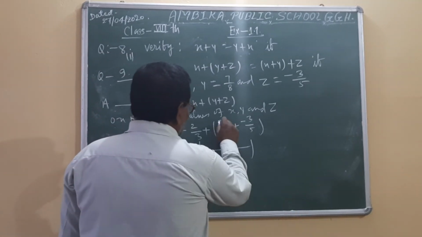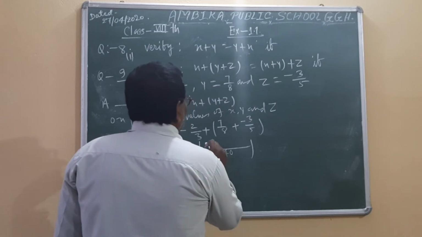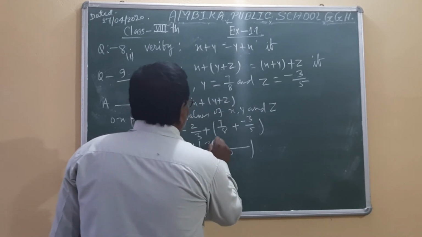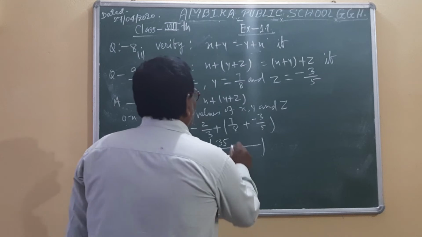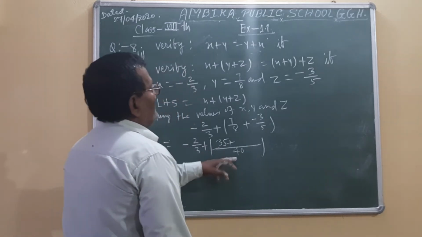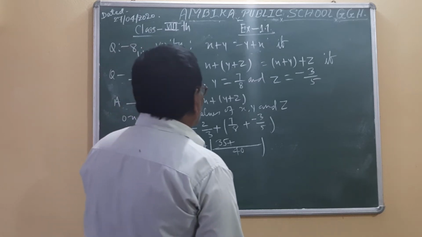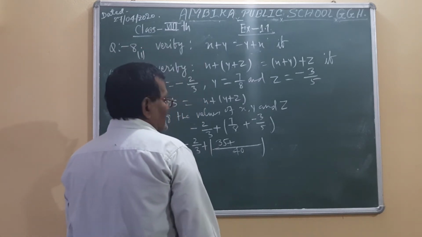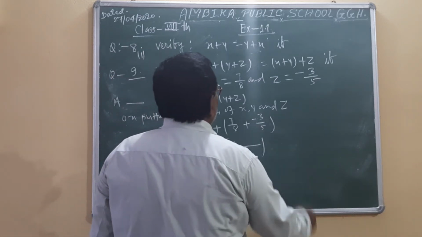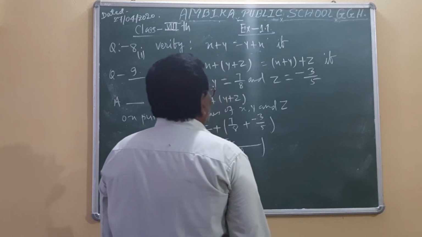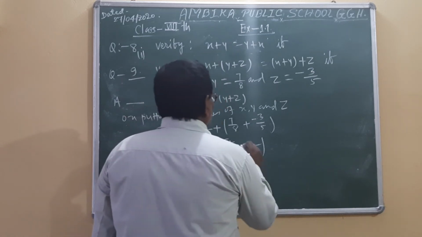So multiply 7 to 5. We write 35. Again, divide 40 by 5. We get 8 as quotient. Then multiply minus 3 by 8.